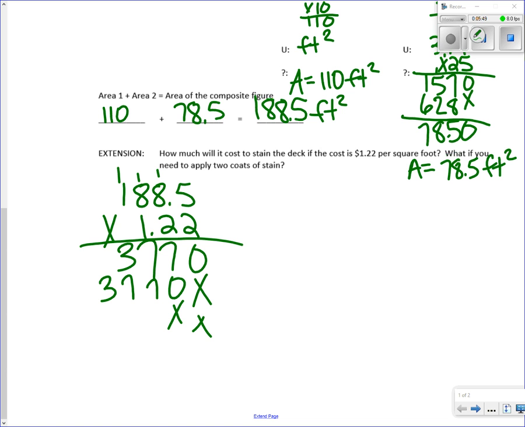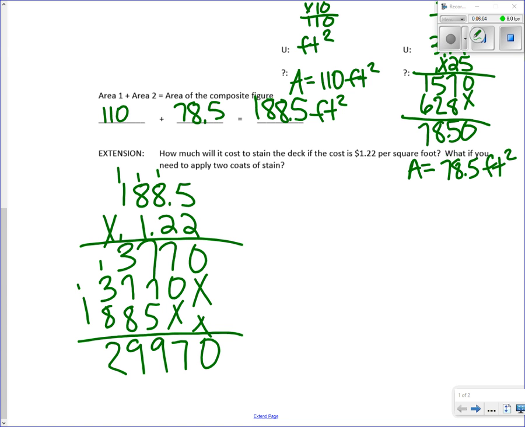Now my 1. Add them all up. Don't forget these decimals up here. We have 3 numbers behind the decimal place.